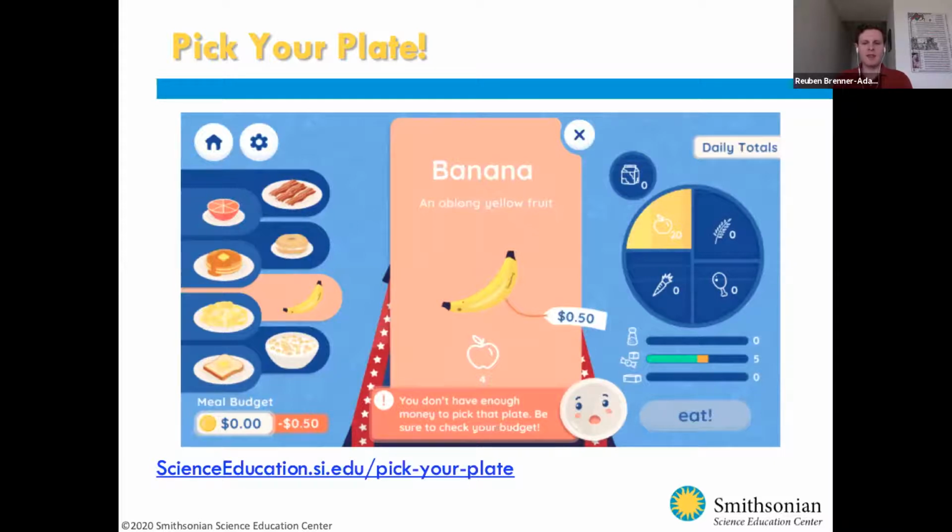The thing that I think is especially cool about Pick Your Plate is that not only does it allow students to understand which different foods meet different nutrition standards, it also allows them to compare and contrast the nutrition standards in different countries.